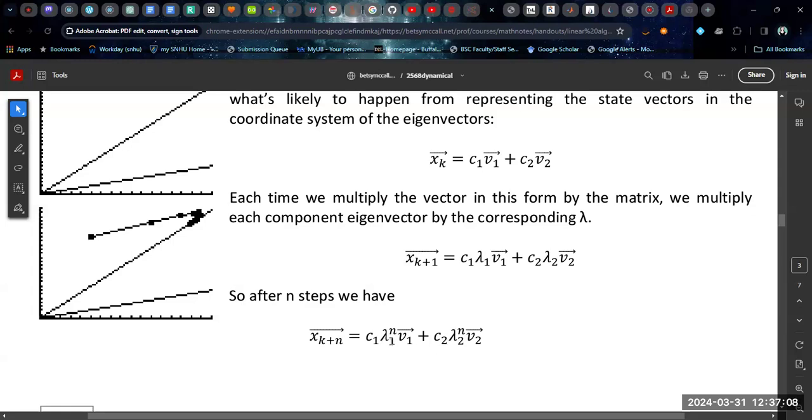We saw with our particular example that one of them was close to 1, but still less than 1. And that is going to decay very, very slowly over time, but still, nonetheless, eventually shrink. Whereas in the lambda 2 case, that was closer to a half, and that's going to decay much more rapidly.